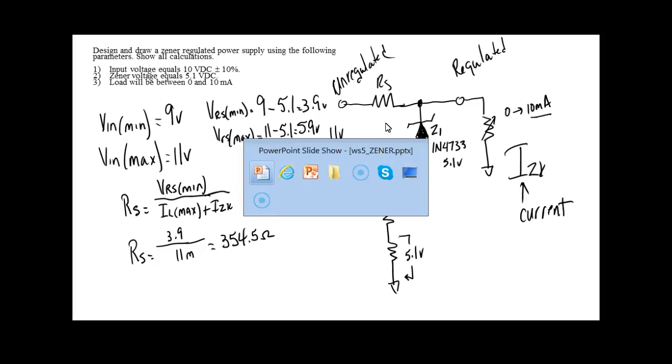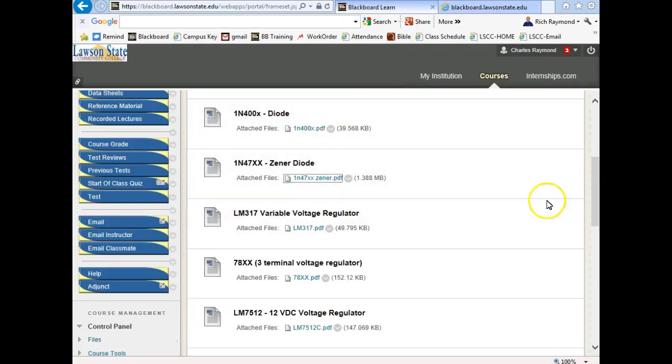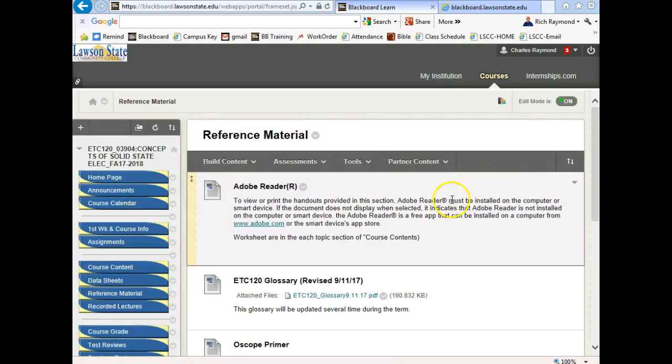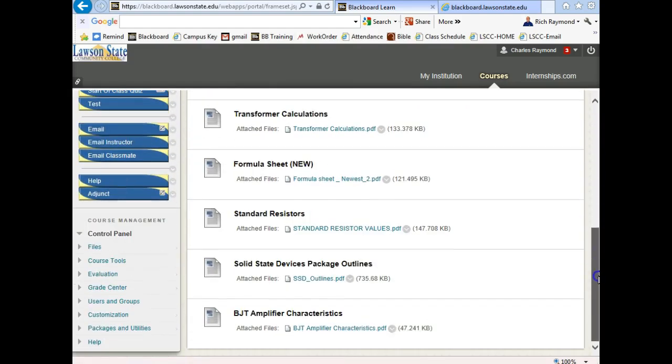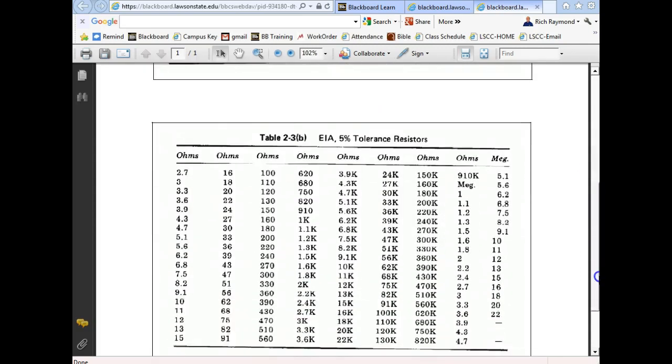First of all, I'm going to go back to the internet and bring up the reference material, since we use this so much. I'm going to go down here and find a standard resistor chart. And we're going to use the 5%. Here's 10%. We're not going to use the 10%.